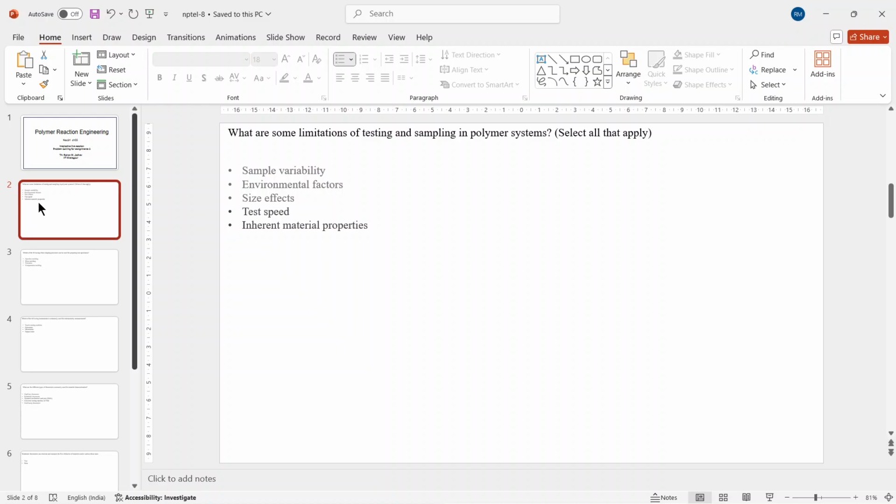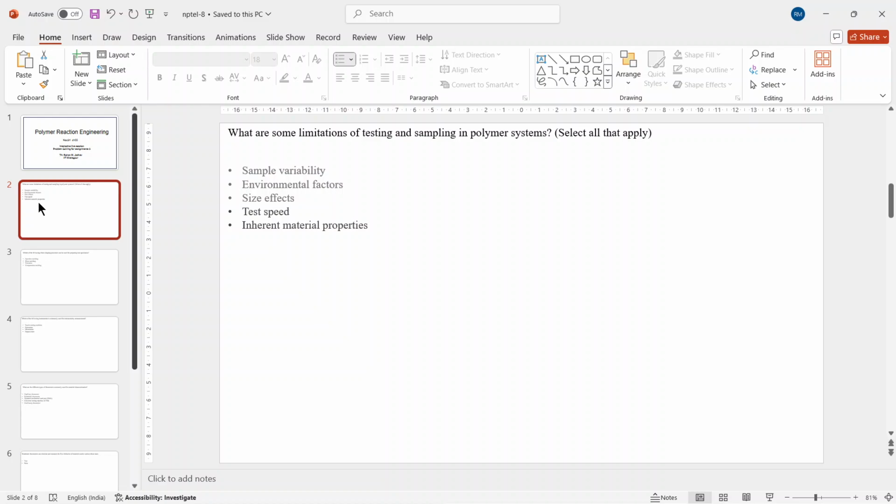So sample variability, what does sample variability mean? For example, if two people who are living in different countries follow a similar method of testing, and if their samples are slightly variable, that is, if person A has a polymer of thickness 1 mm and person B has a polymer of thickness 1.2 mm, that itself can create a lot of error in the measurement.